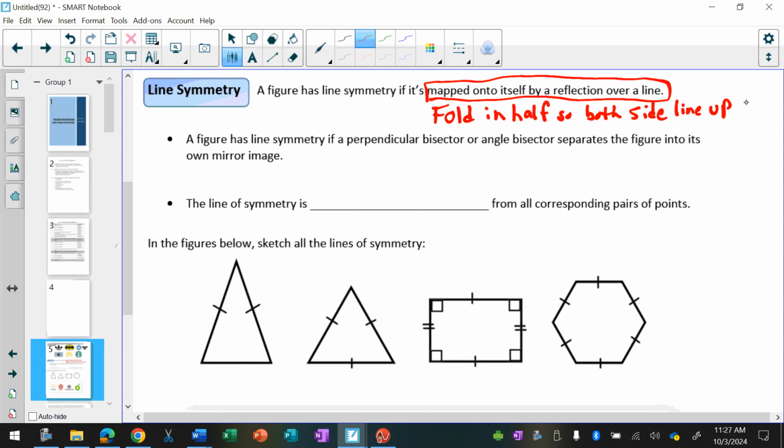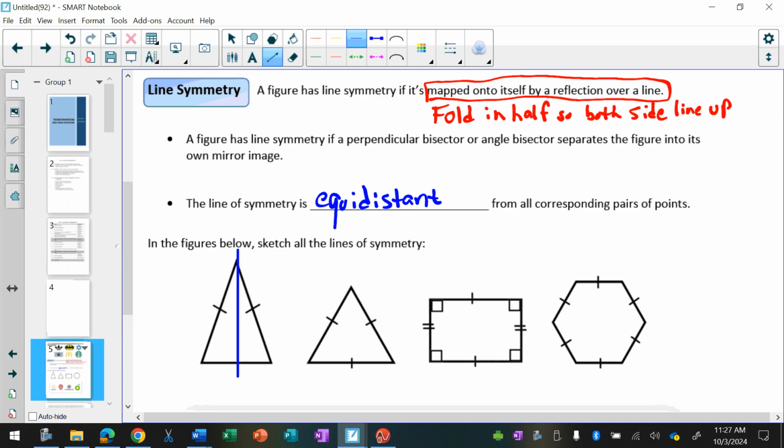The line of symmetry is going to be equal distance, put into one word, equidistant, from all corresponding pairs of points. So I'm going to show you exactly what I mean by that. If I draw a line of symmetry for an isosceles triangle, that's going to be right down the middle through the vertex angle, so that we have the same length leg on each side, and we cut the base perfectly in half.